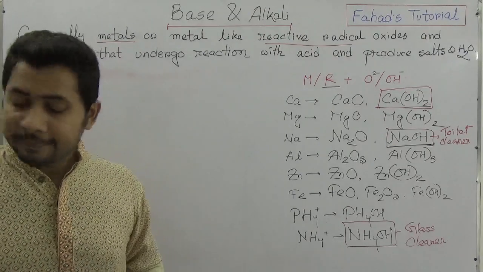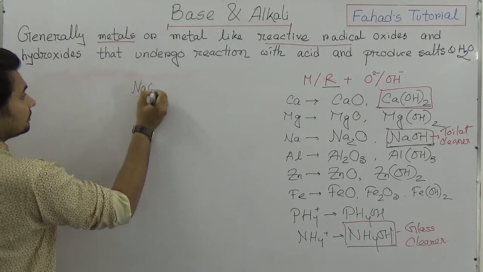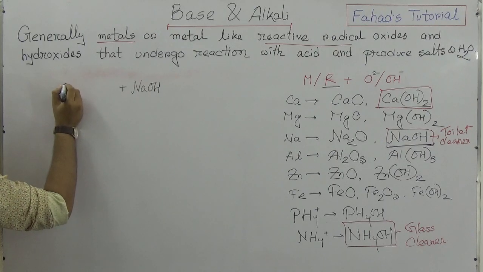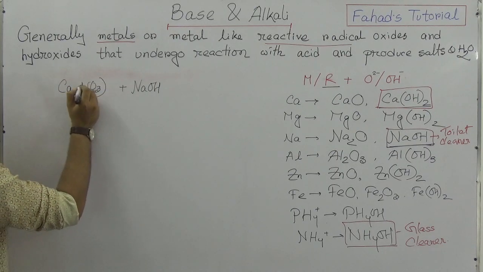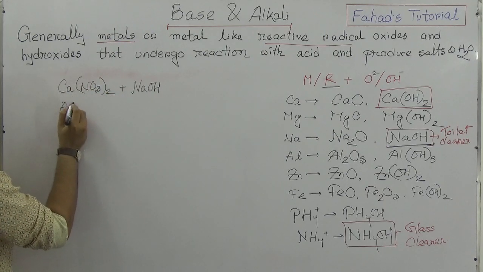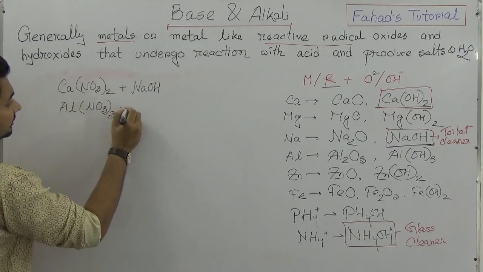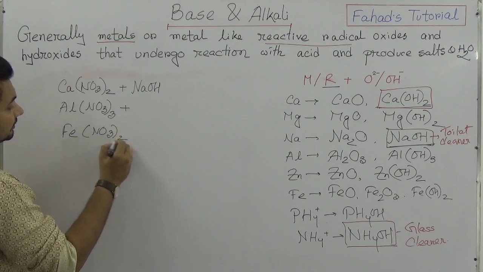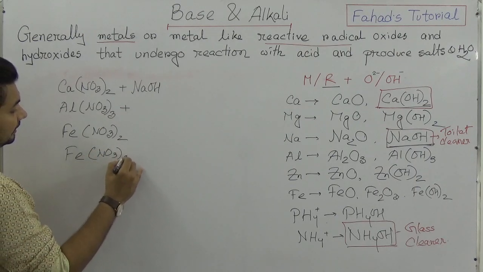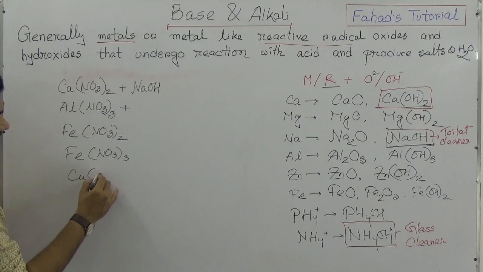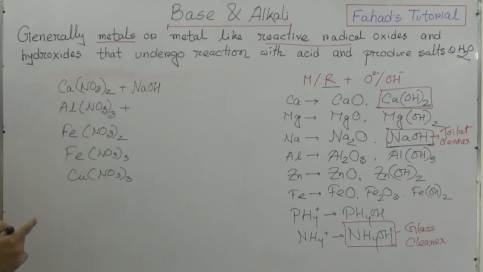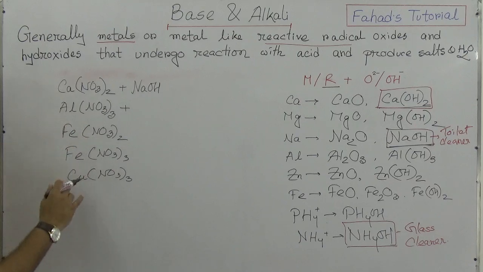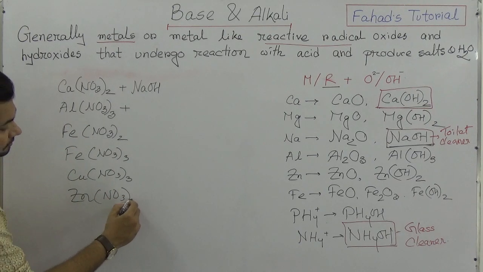Think about sodium hydroxide solution being added to calcium nitrate or aluminium nitrate, then ferrous nitrate, ferric nitrate, copper nitrate, and zinc nitrate. So for calcium, aluminium, iron 2 and 3, copper and zinc nitrate, these are some examples.